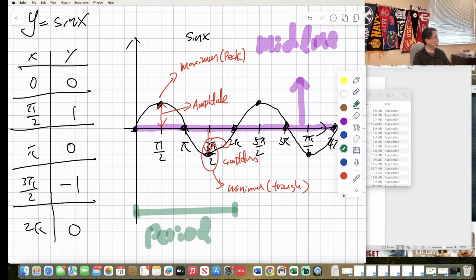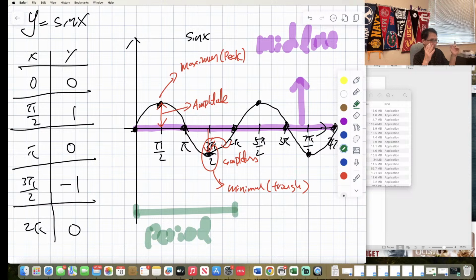Period means you go through a whole cycle. From the midline, it goes in once, and the second time you hit the midline, that is the period. The period is when the sine graph goes through the whole cycle. Is that okay? The distance from here to here.